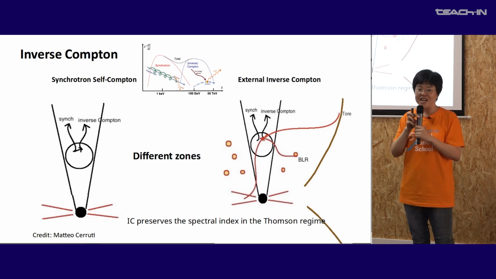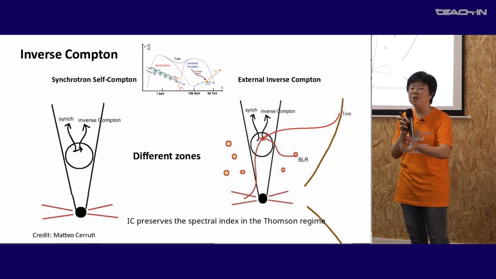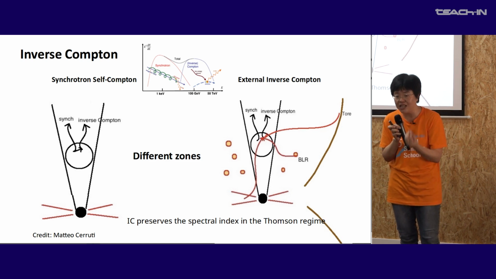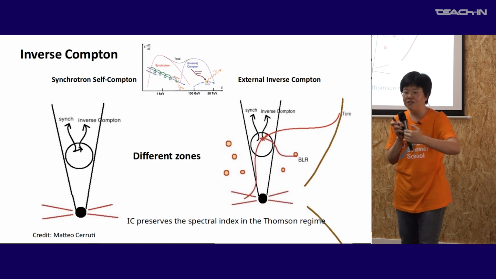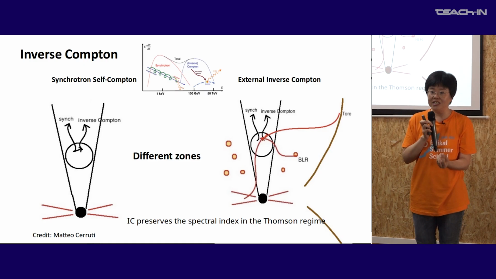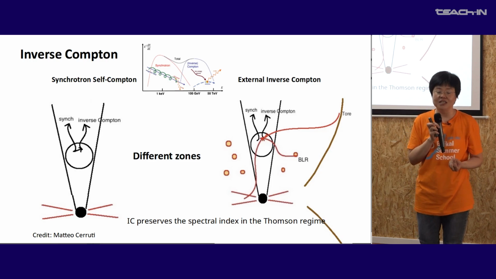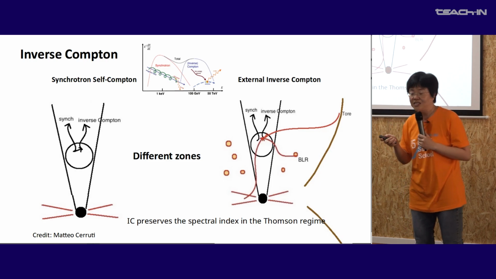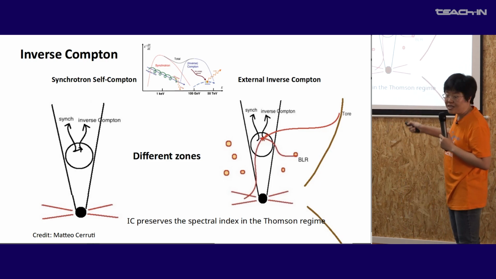So within the jet, the same population of electrons emit synchrotron radiation, and then later they hit the photons they emitted to get boosted to higher energy, and then you get your inverse Compton radiation, like the gamma rays, right? Which is called SSC.